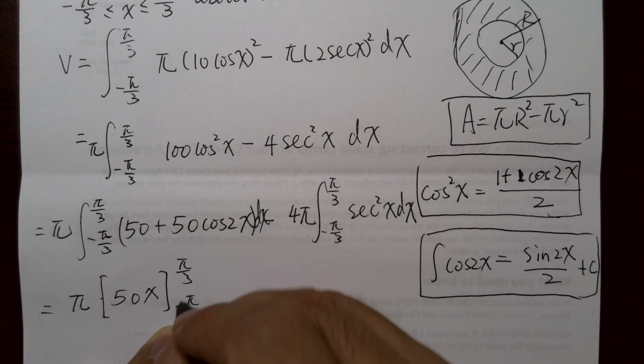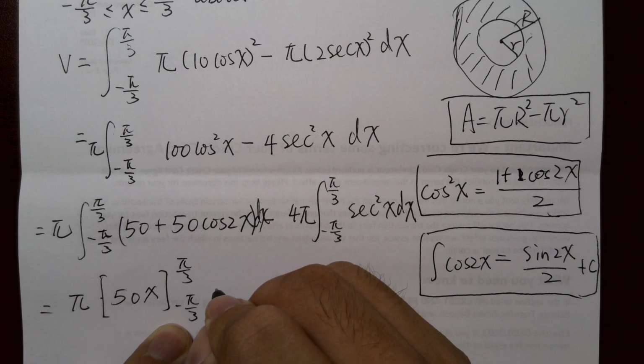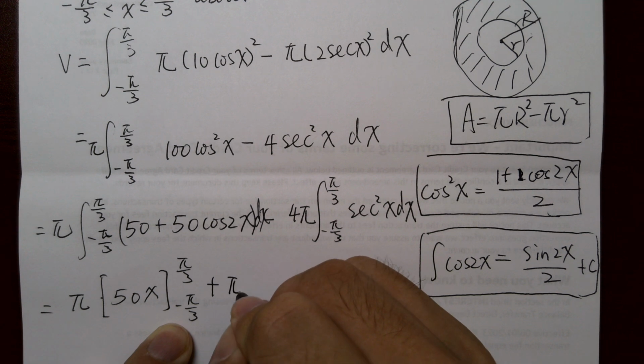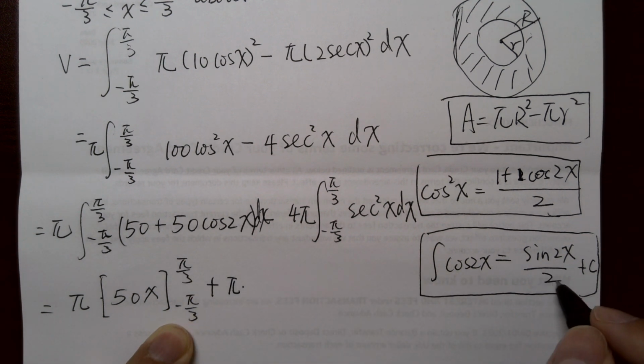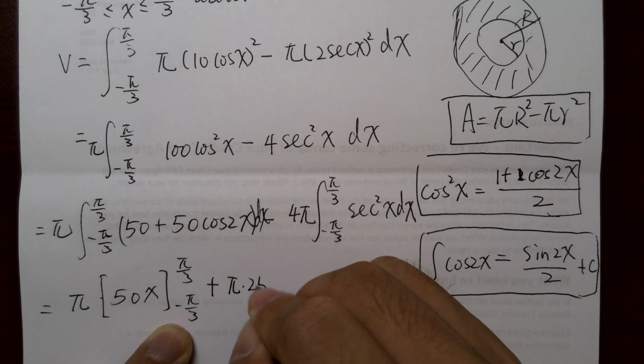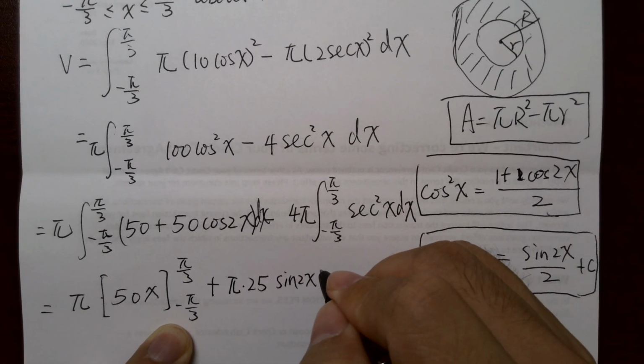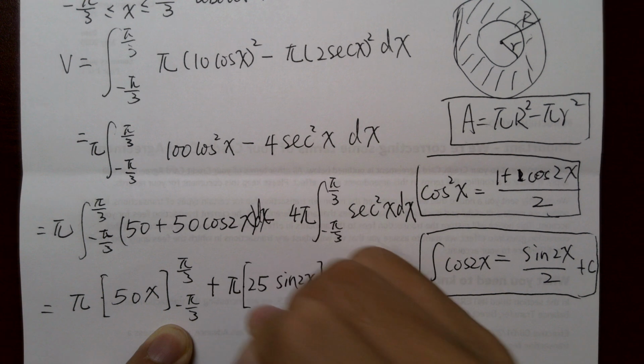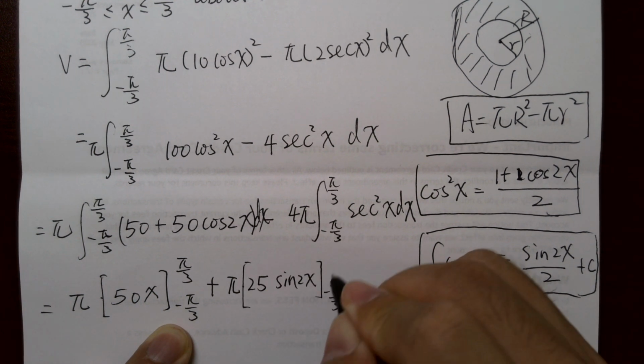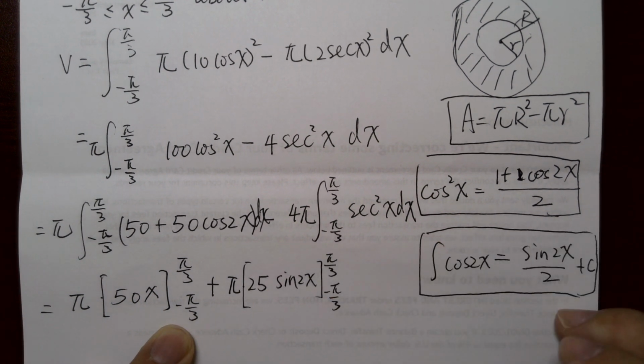Putting that in, we're going to have plus pi times, actually it's 25 sine of 2x, evaluated from negative pi over 3 to pi over 3.